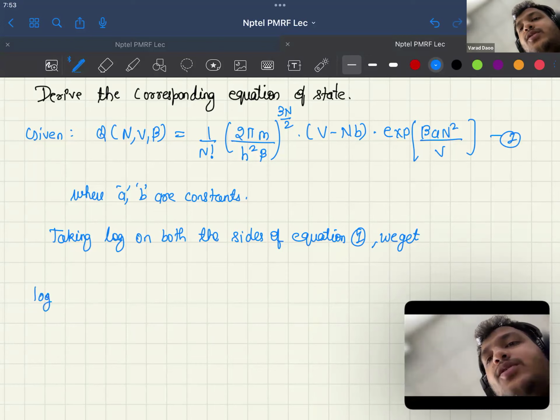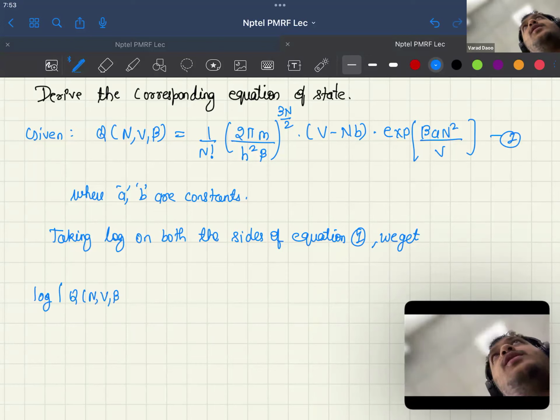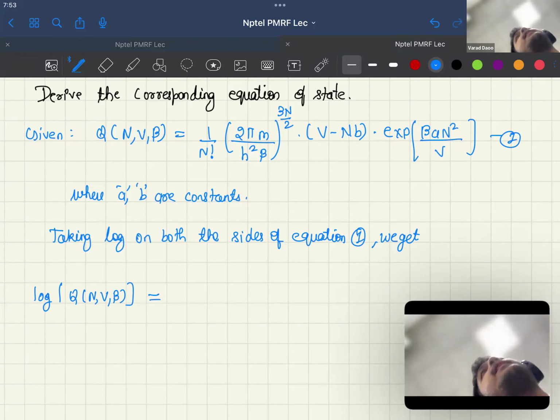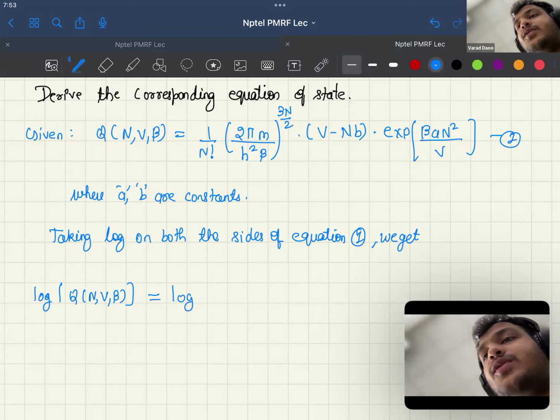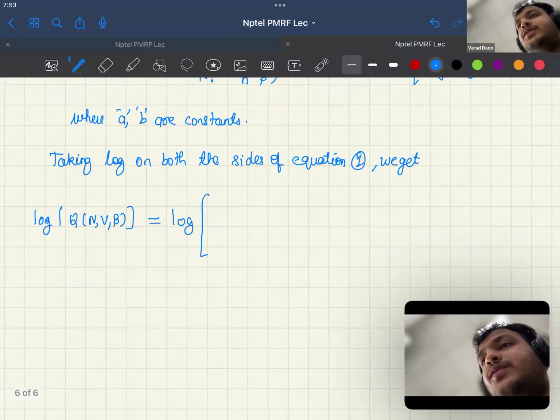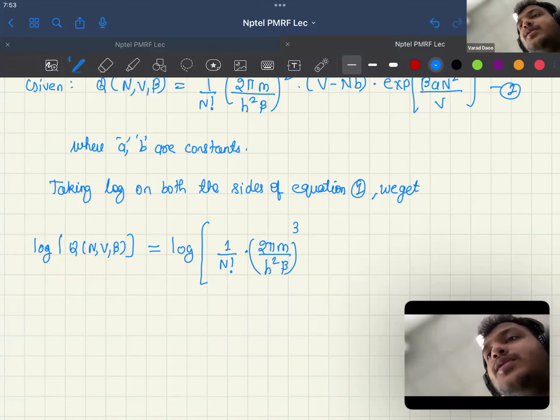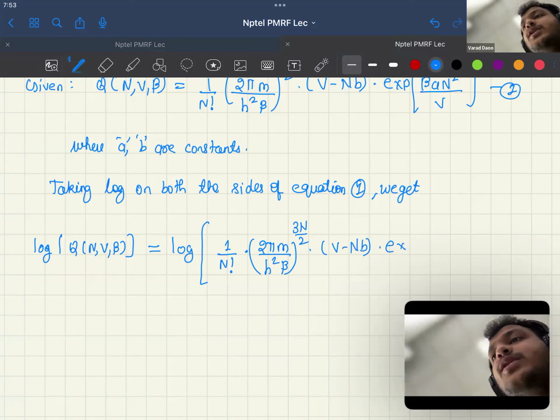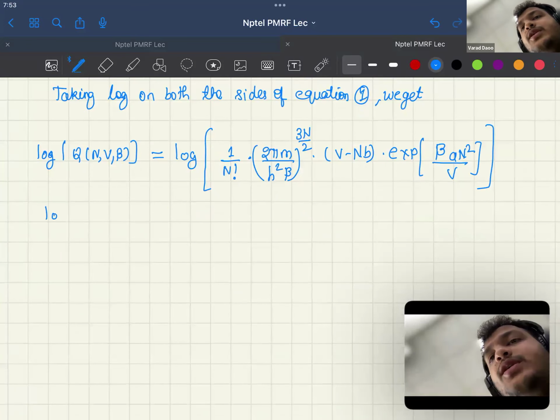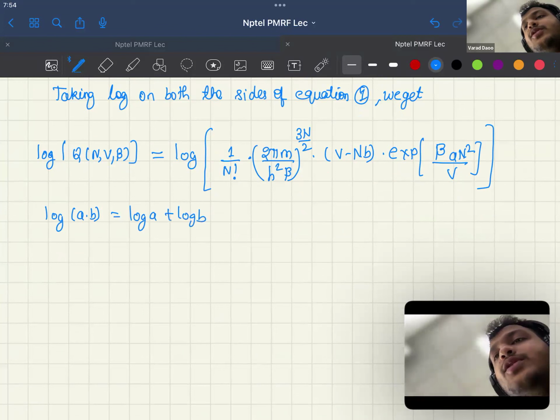So what we get? Log of Q(N,V,β) is equal to log of the entire expression, which is 1/N! multiplied by (2πm/h²β)^(3N/2) into (V − Nb) into exponential of βaN²/V. Now we know that log of a times b is log a plus log b.